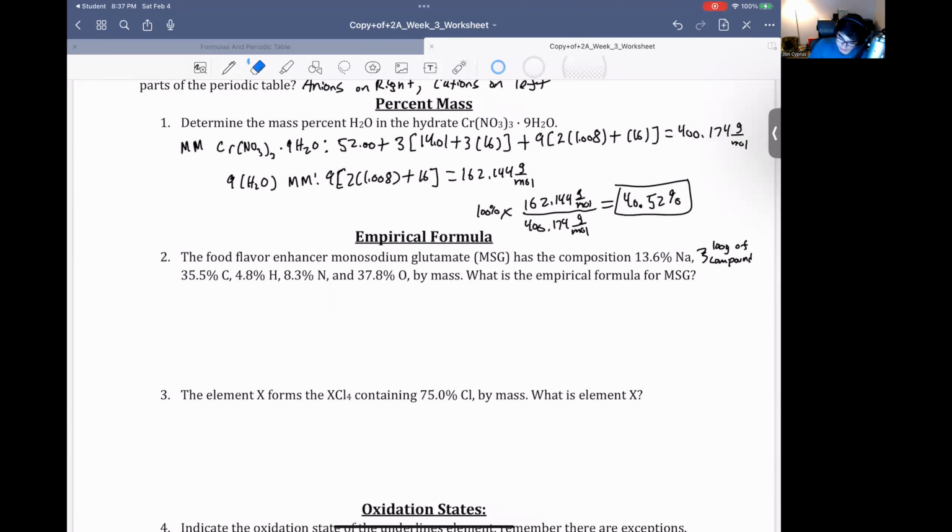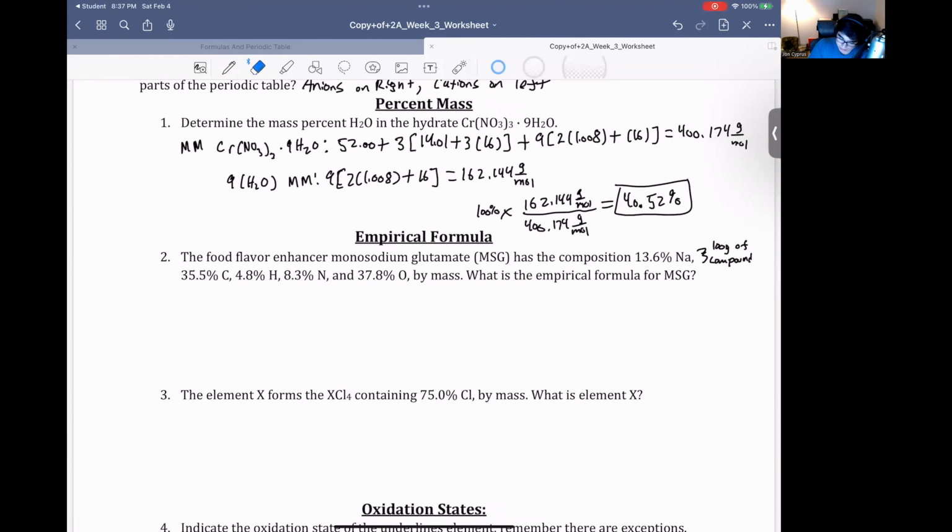And then last but not least, we have to do oxygen. So for oxygen, we have 37.8 grams. There's 16 grams of oxygen for 1 mole. And you get 2.3625.